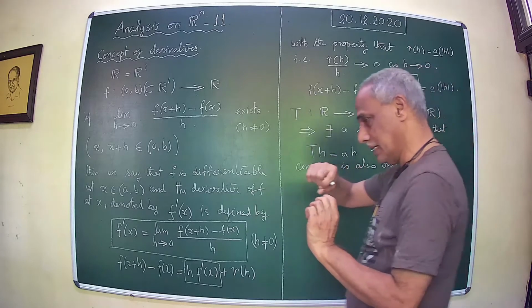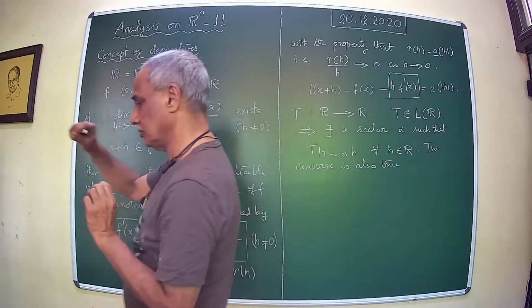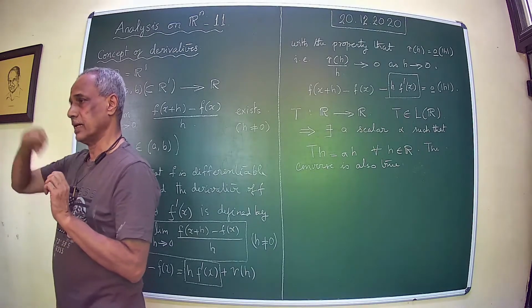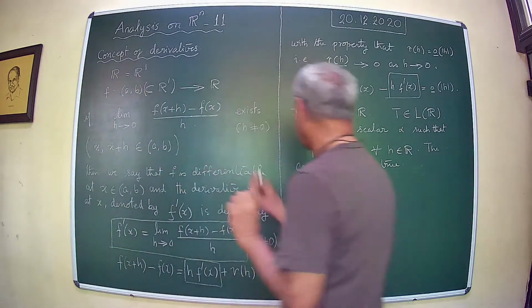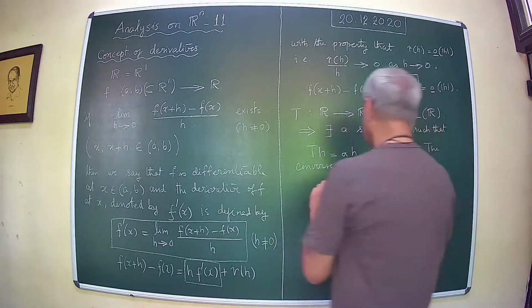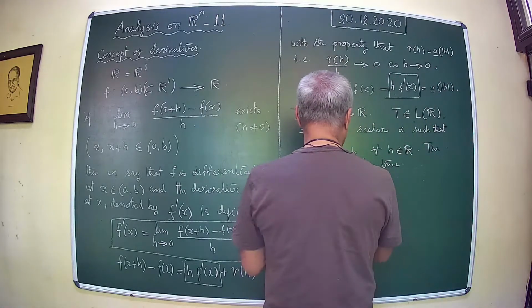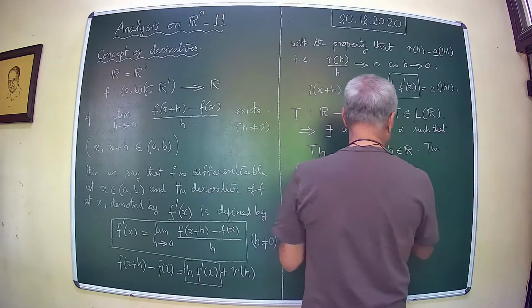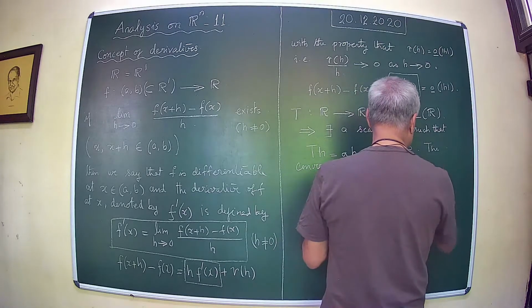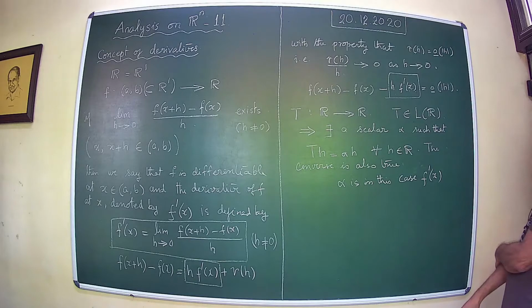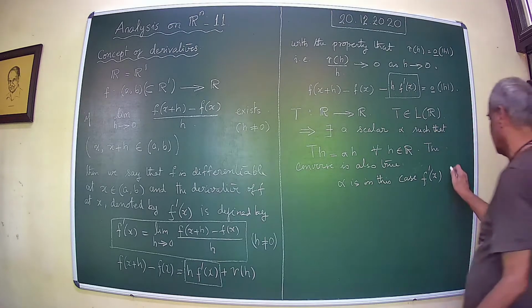So the identification of the real number with the linear transformation. And here what we say is that the alpha is in this case f derivative of x. Okay, the scalar.